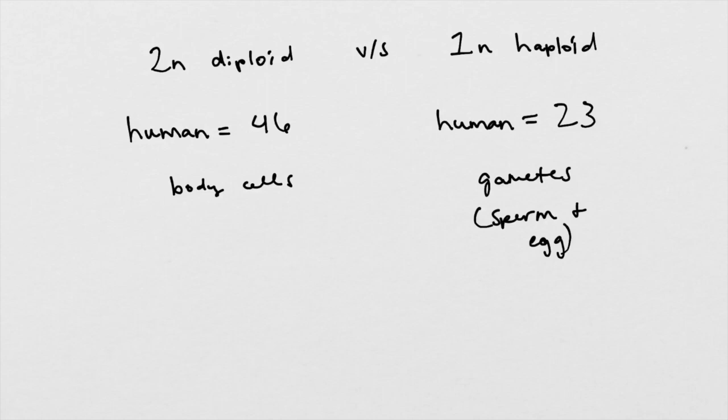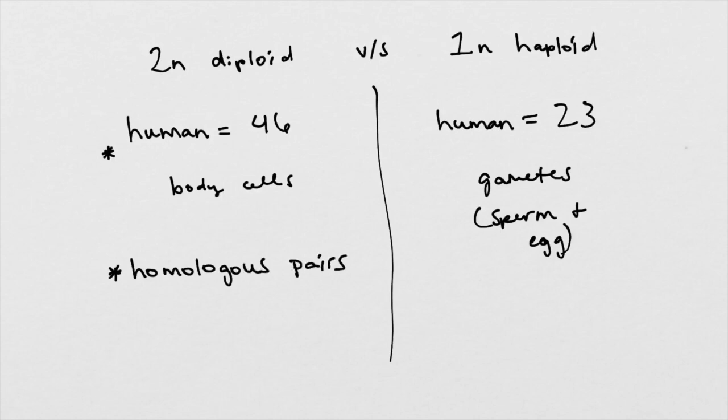All right. Now, taking this back to chromosomes. In order for a cell to be diploid, it has to have homologous pairs, which means it has to have chromosomes represented from both mom and dad, maternal and paternal.